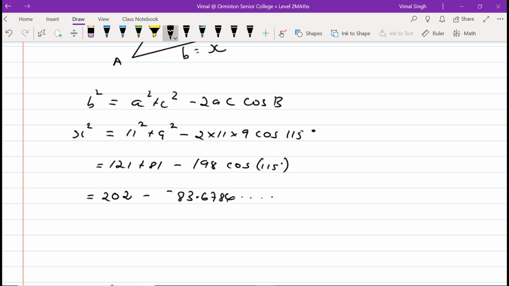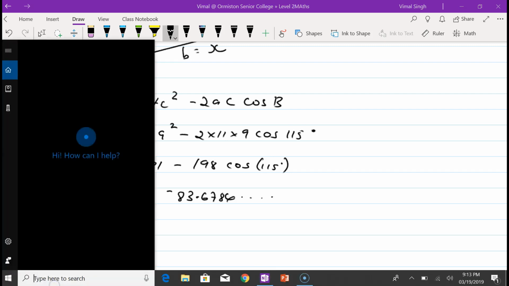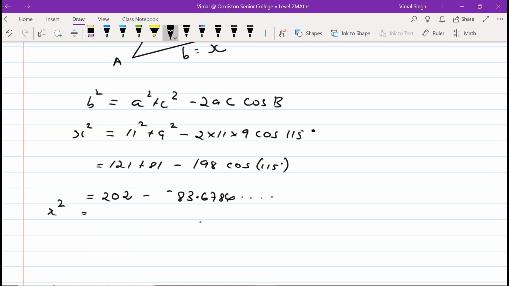So 198 times cos of 115 gives me 83.6784 taken away from 202. So x squared is going to be 285.6784. Now this is not the total length.